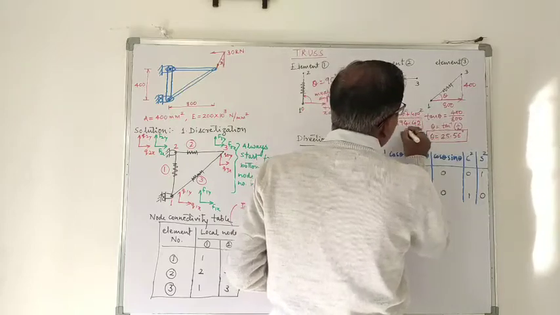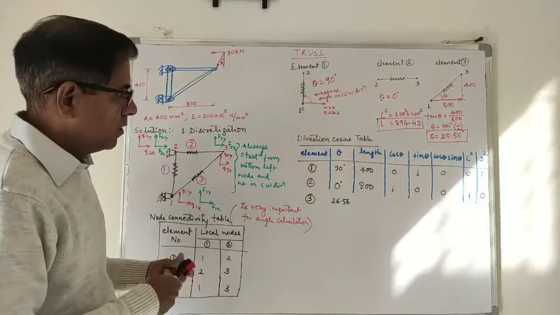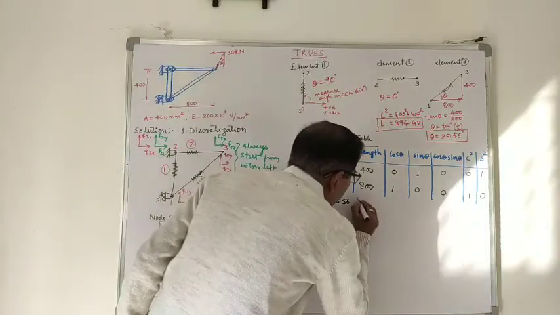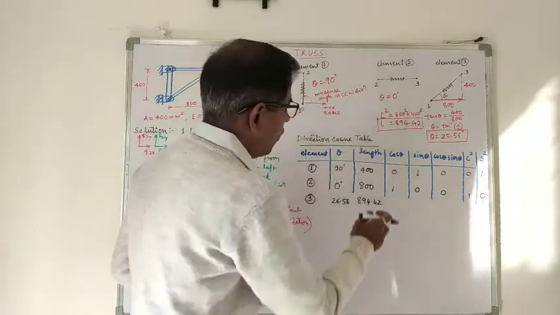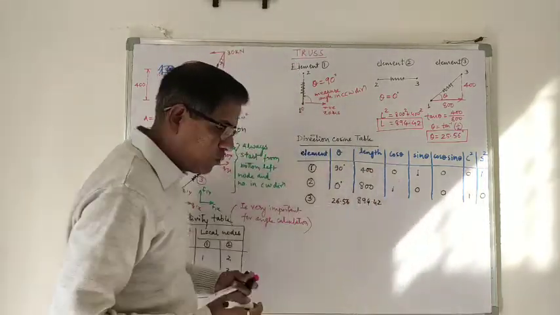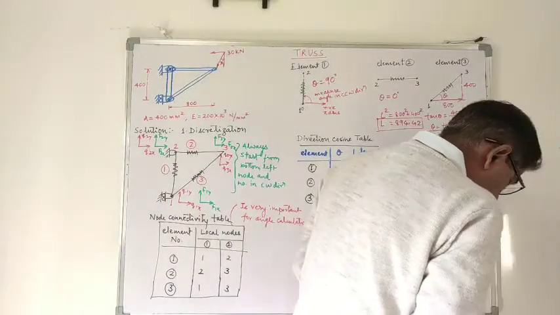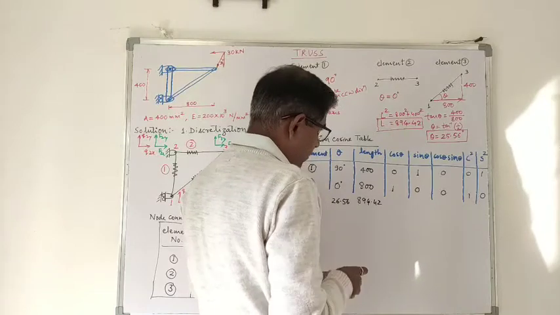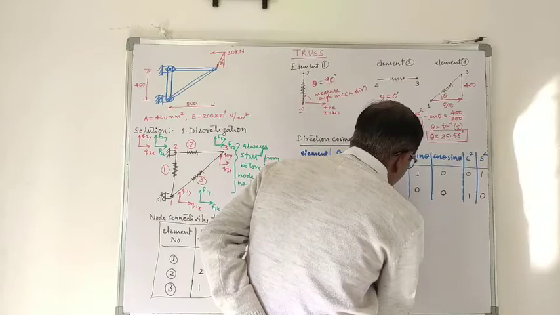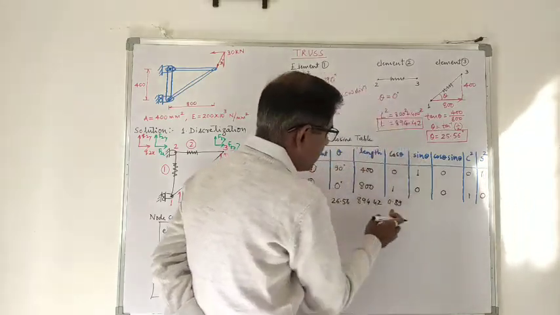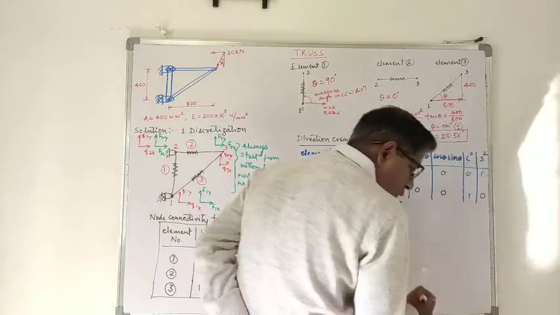Okay, so this is the length of this member, 894.42. Now what is cos of 26.56? It is 0.89. Then sin 26.56 is 0.44.